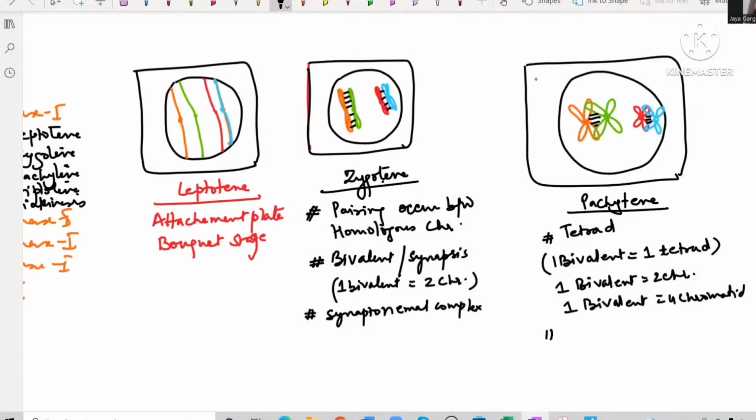In this stage, what is going on? Crossing over is occurring. Between whom? Between non-sister chromatid. Because beta, orange color 2 are sister, green color 2 are sister. But right now I'm doing crossing over between non-sister chromatid of homologous chromosome.